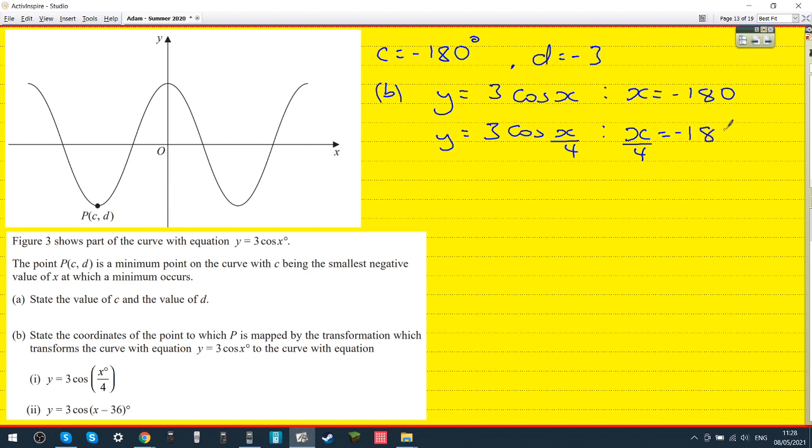No, look again. So x over 4 equals minus 180. Solve for x. Oh, you multiply by 4. Which is minus 720. There you go. Minus 720 degrees. Part 2.